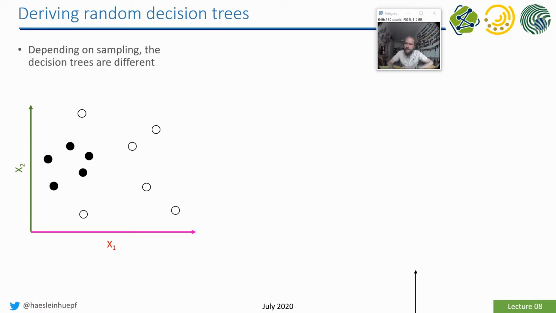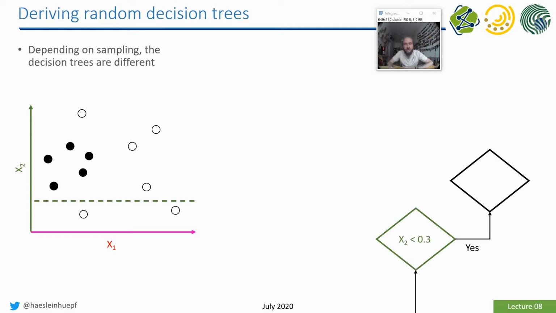Maybe you remember how decision trees work. That's one very simple machine learning algorithm. A decision tree is a combination of nodes, which each look at one particular parameter. We see here in our diagram x2: if it's smaller than 0.3, then the object is a white object.